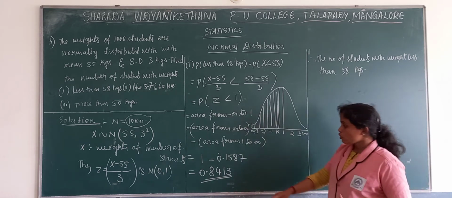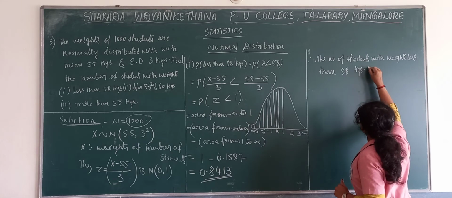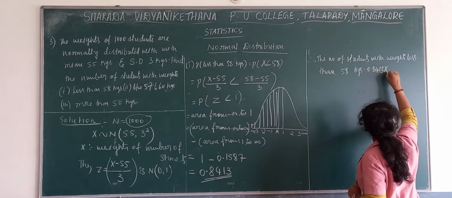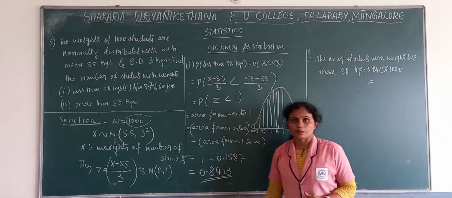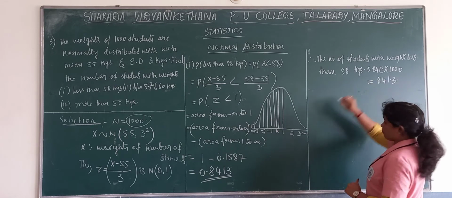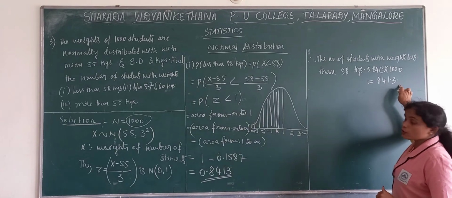What we need to do? What answer have we got? 0.8413 multiplied by 1000. What do you get when you multiply? There you get 841.3. Now we cannot say that the number of students is 841.3.